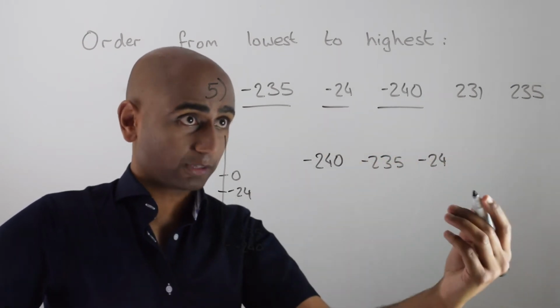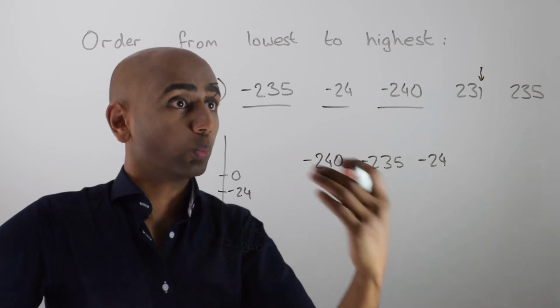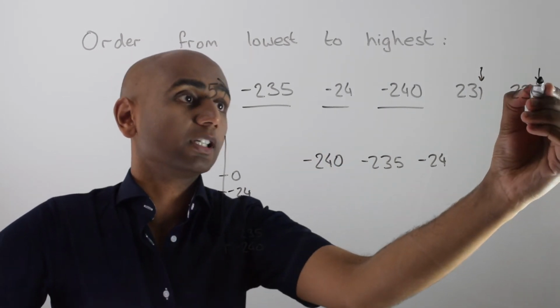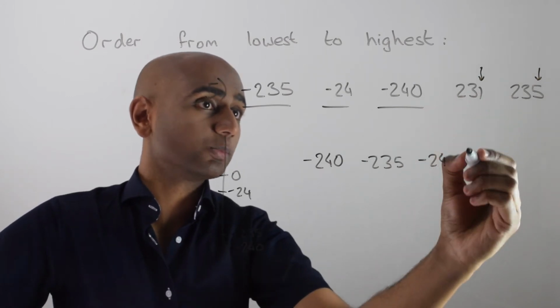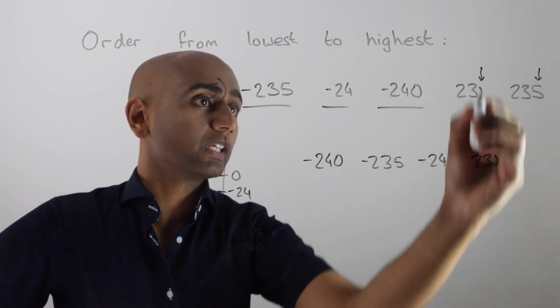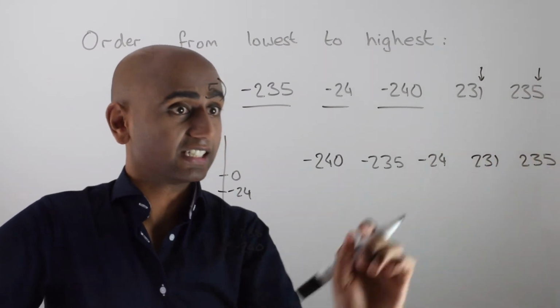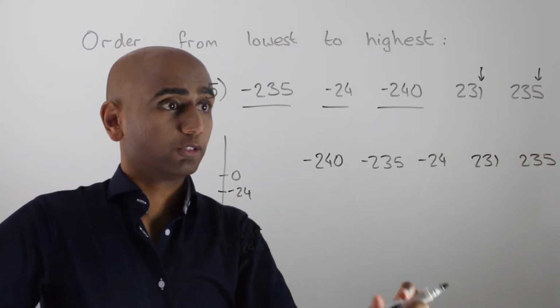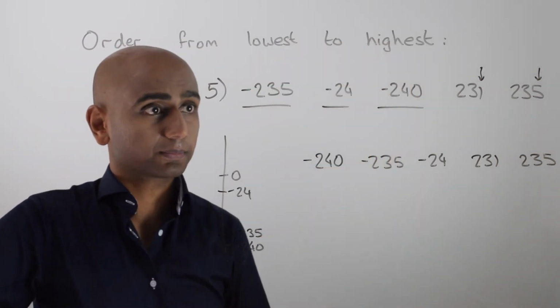So we've got to go to the next place value column. And this one has only got 1 unit, whereas this number has got 5 units. So that means 231 is smaller than 235. So this is our list of numbers in order from smallest to largest, lowest to highest.